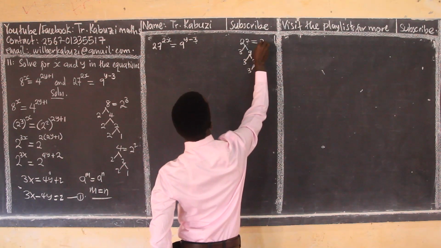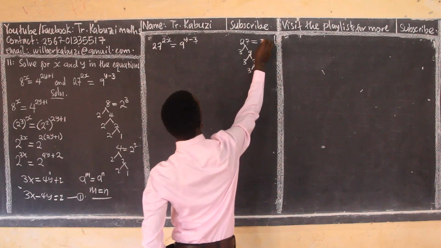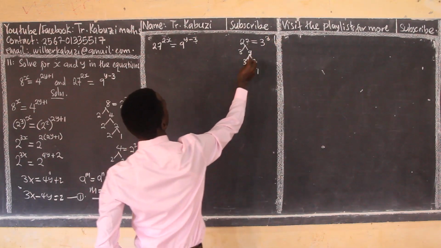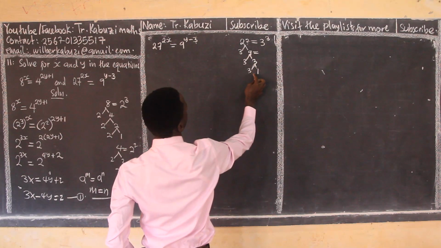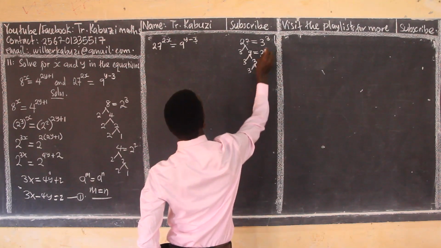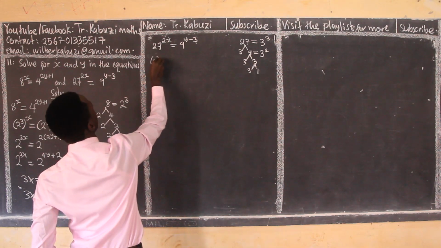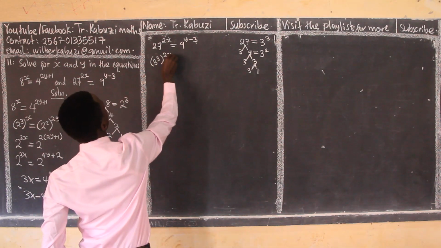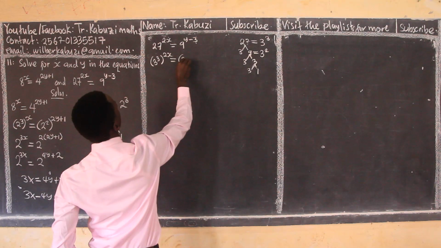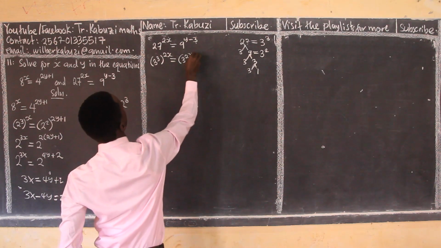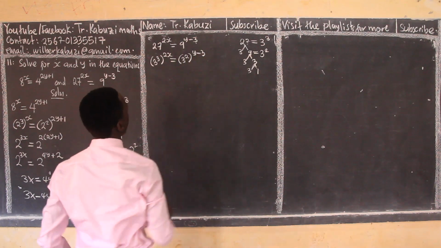So 27 is the same as 3 power 1, 2, 3. Then 9, if we prime factorize, is the same as 3 power 2. So now where there is 27 I put 3 power 3, and here I put 3 power 2 to the y minus 3.